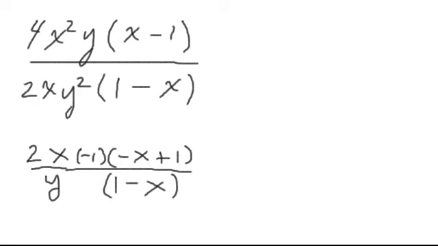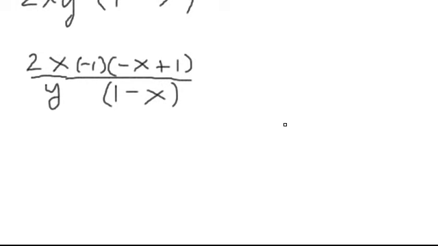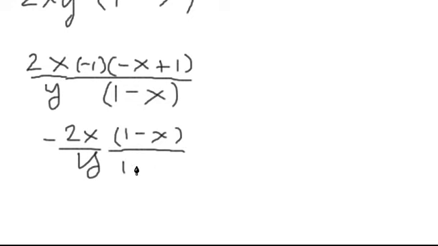But what we have now is a term in the denominator and the numerator that are both the same. And now I'm going to take this negative and move it out into the front here. So -2x over y. And I'm going to rewrite this piece right here. This is 1 minus x. So it looks just like the denominator. 1 minus x.